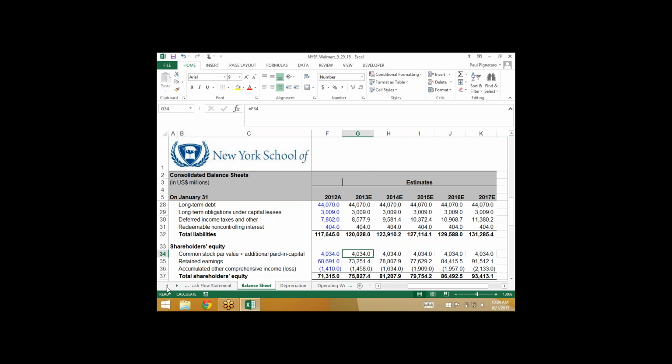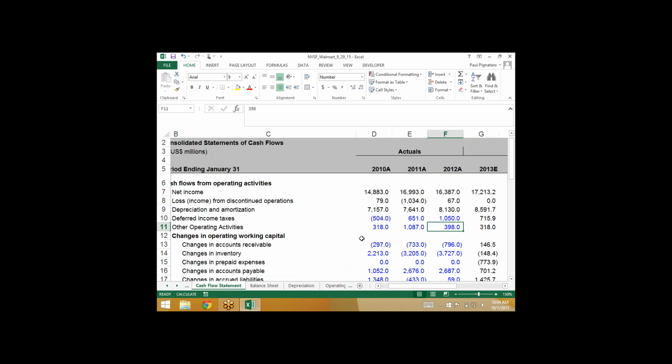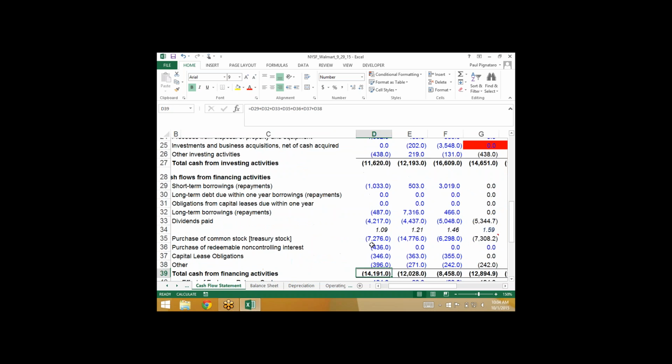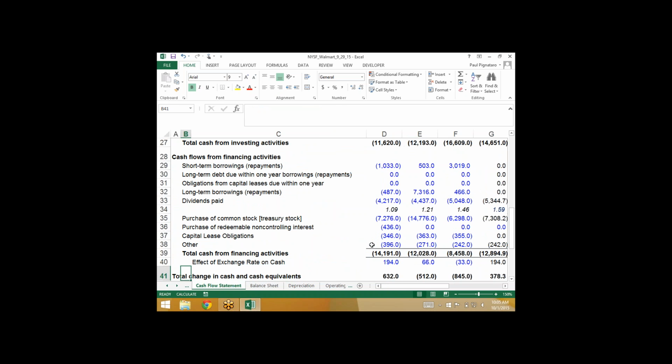So we need to go into our cash flow statement. We need to create a line for issuances of stock. Let's see, is there nothing there? No. I didn't put the little header there.